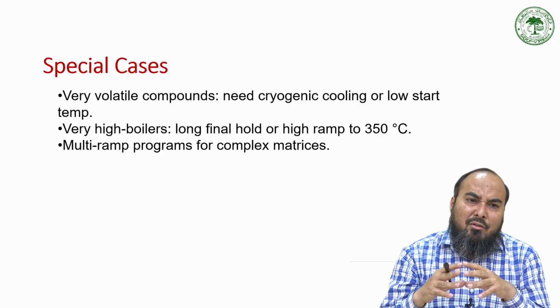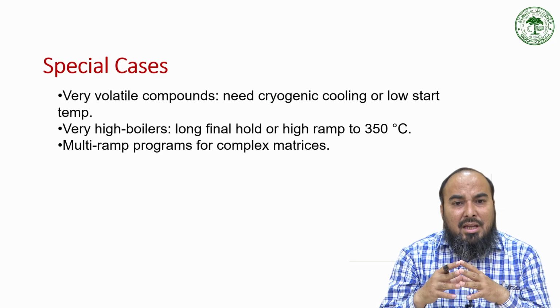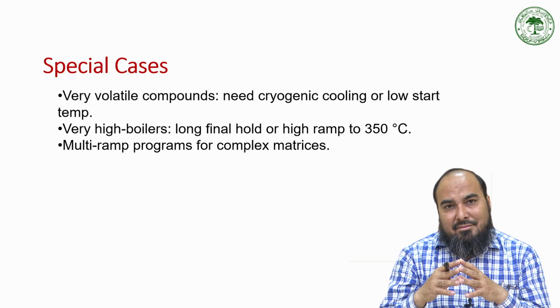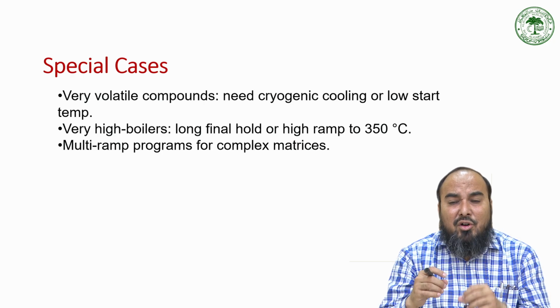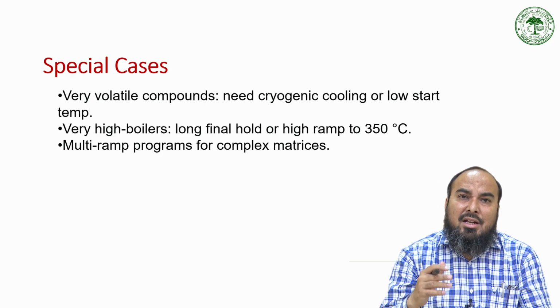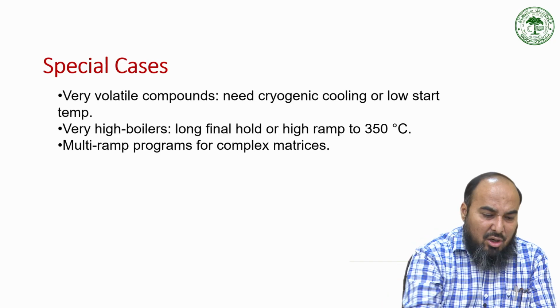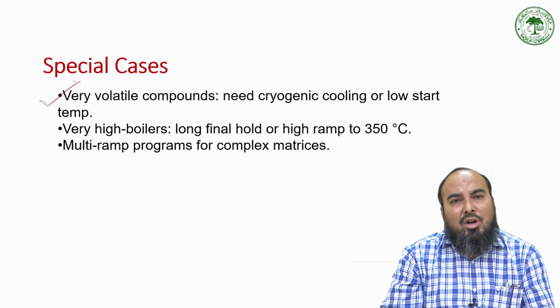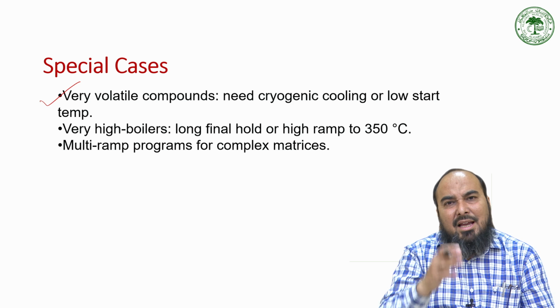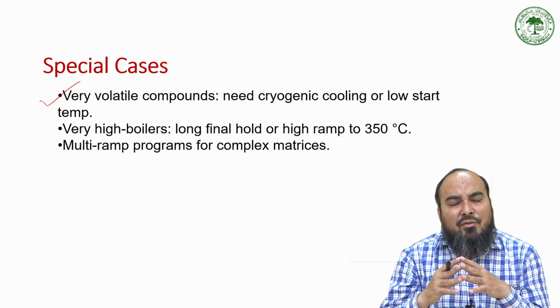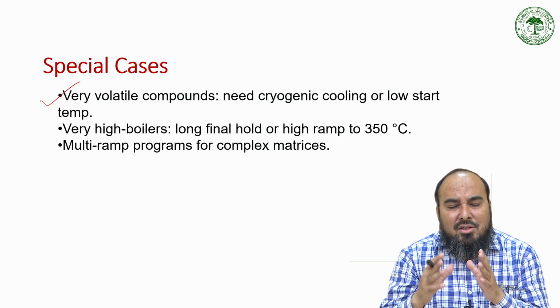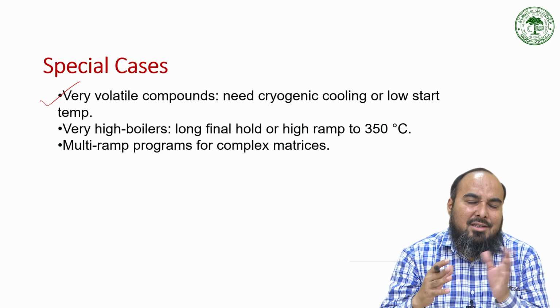For example, if you have a very volatile compound, then you need cryogenic cooling, or you have to start from a very low temperature, sometimes minus 10 or minus 20, because otherwise you can miss certain volatile compounds. For example, if you start your GC from 25, then you will miss all those which have a boiling point less than 25.